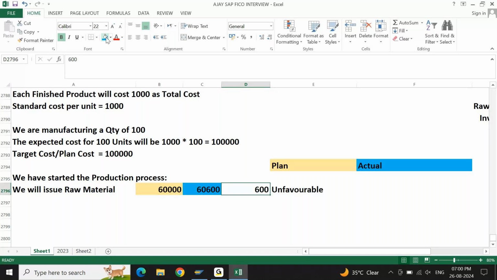Minus 600. To get minus 600, what will be the formula? Plan minus actual or actual minus plan? Plan minus actual. If I take the 60,000 plan value minus actual 60,600, I am able to get negative 600 here.